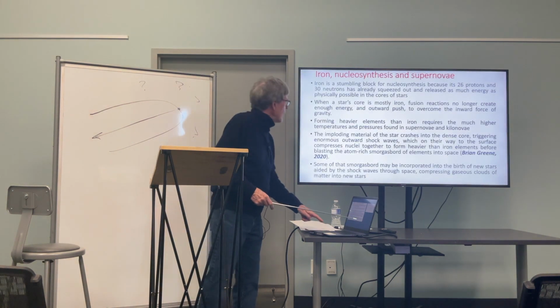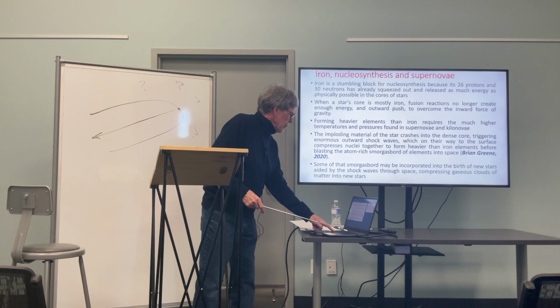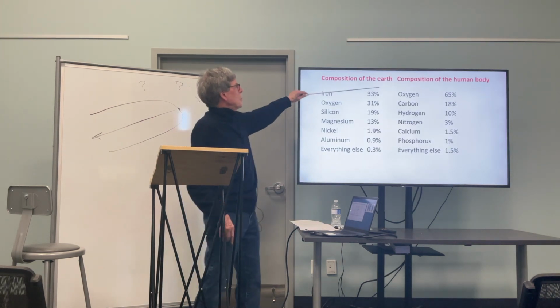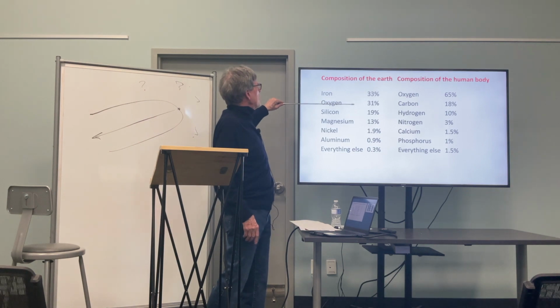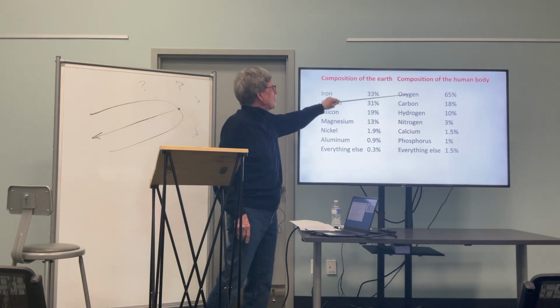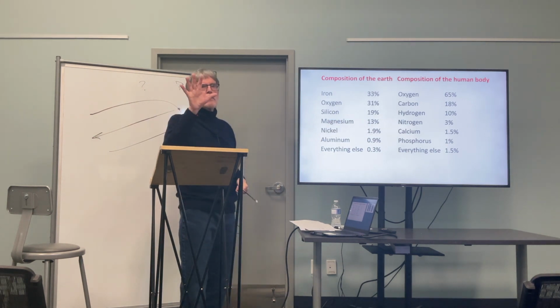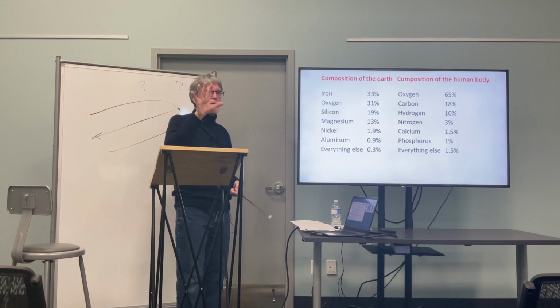So, now, we're not going to do that. Back to these. Now look at the life elements here. Oxygen, big part here in the Earth, big part here. But carbon, hydrogen, nitrogen, calcium, phosphorus, those are the key life elements, the keys to life.